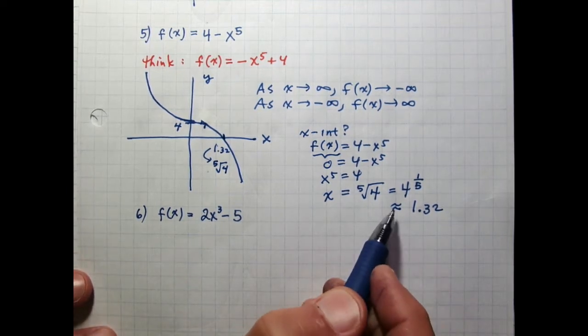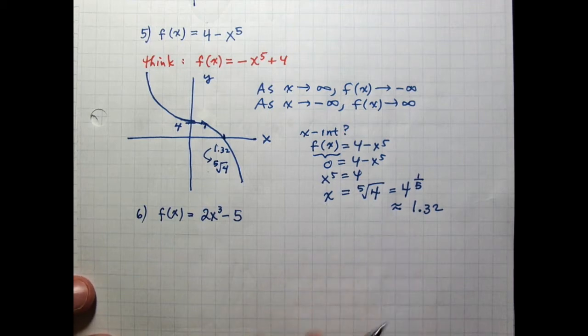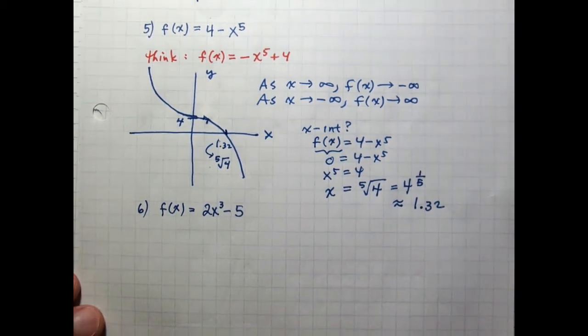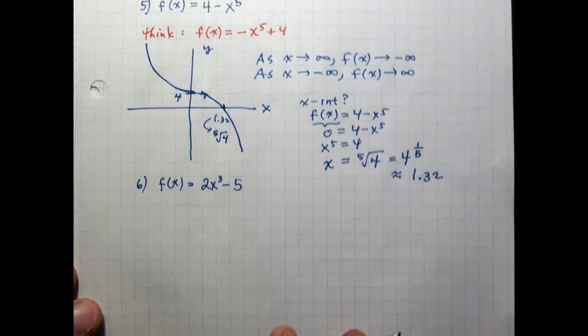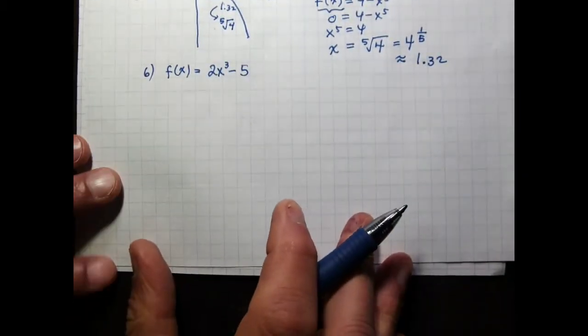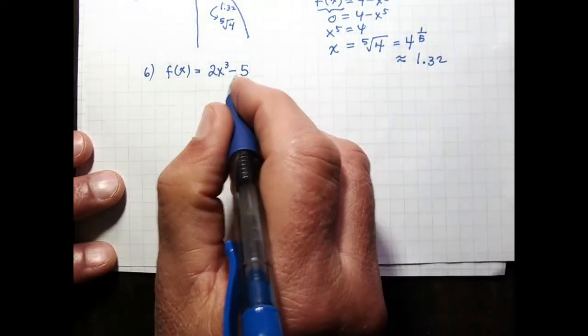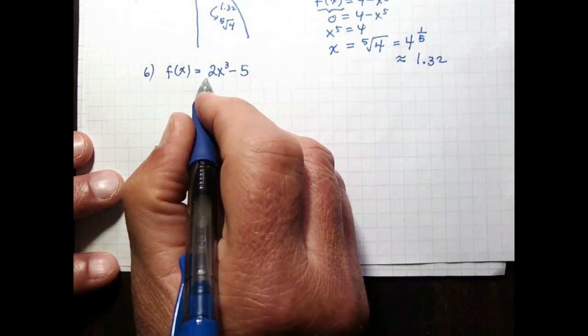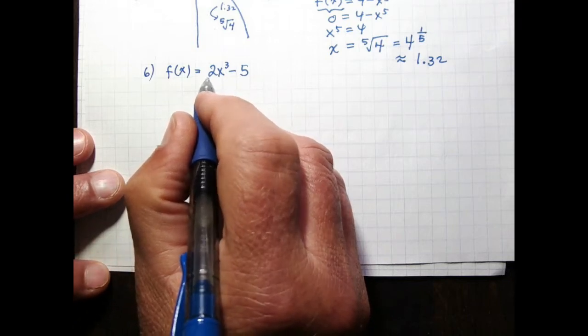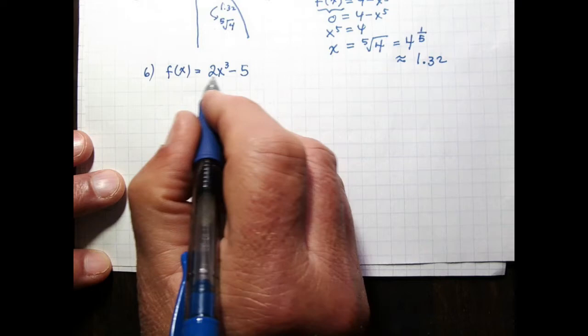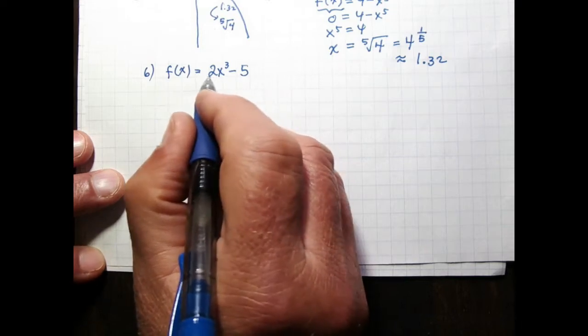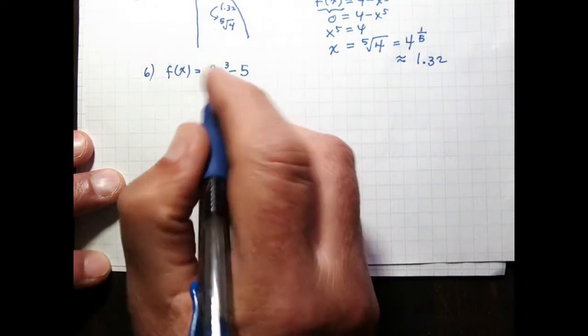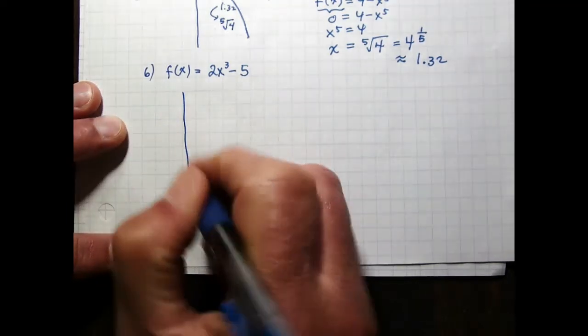That should be something you can find. If you don't know how to come up with this decimal on your calculator, let me know, and I'll help you with that offline. Okay, number 6. Next example. So here I'm taking 2x cubed, so that's basically the x cubed graph stretched a little bit, and minus 5, I'm shifting down 5.